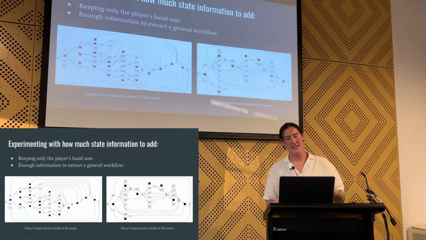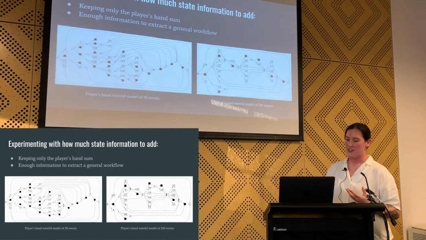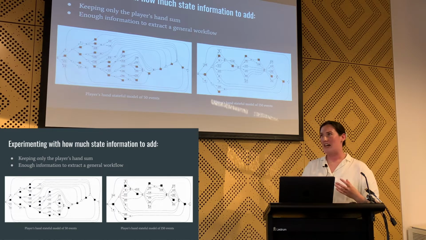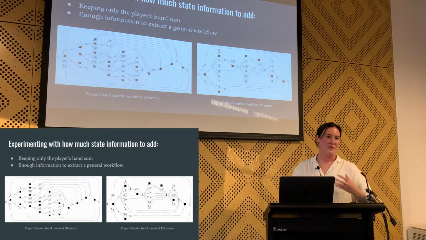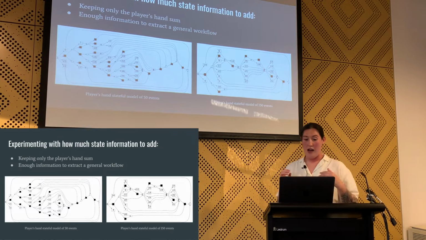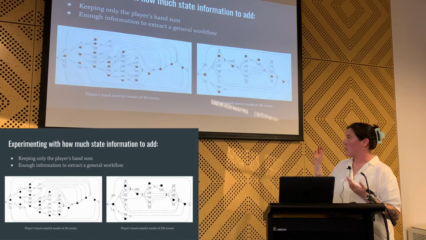So to this end, I moved into a partial state representation to keep that generalizable rule system, but also be able to extract a little more meaningful information about what to do when you're in a certain state. So for blackjack, I just kept the sum of the current hand.